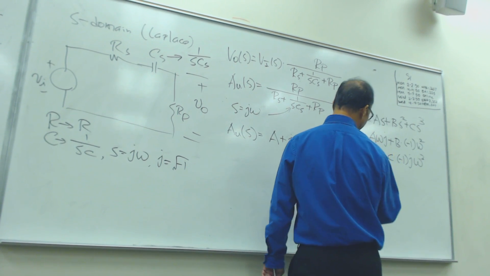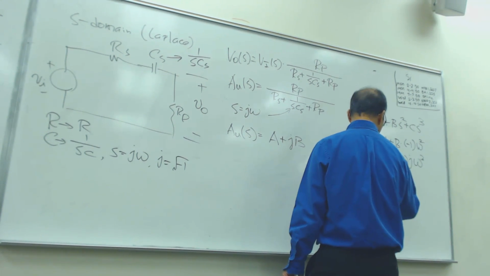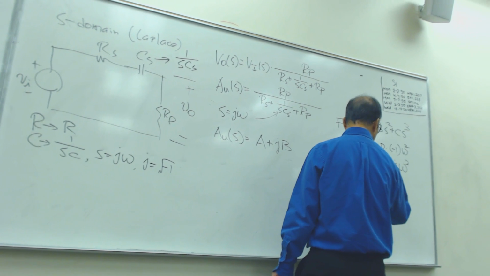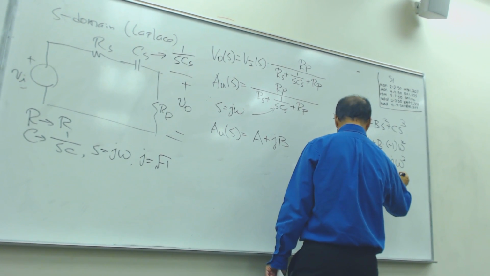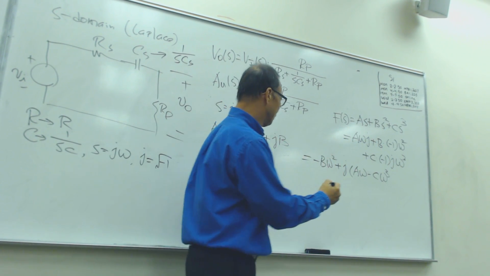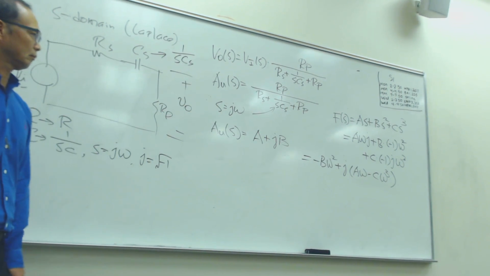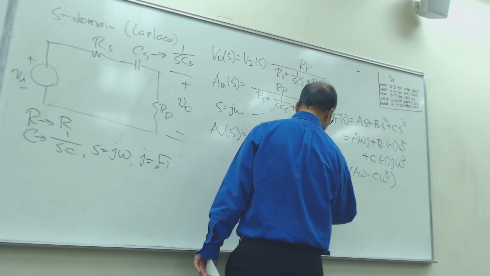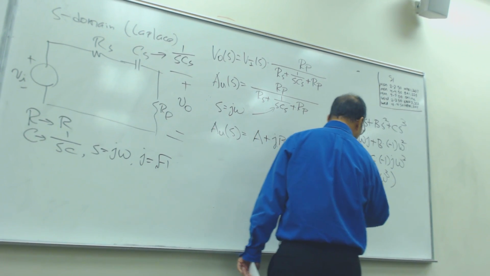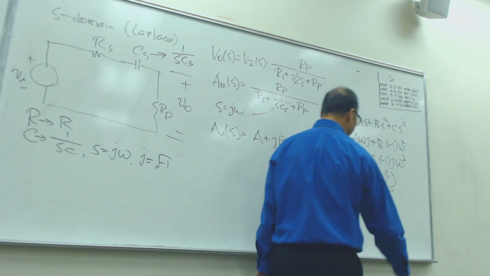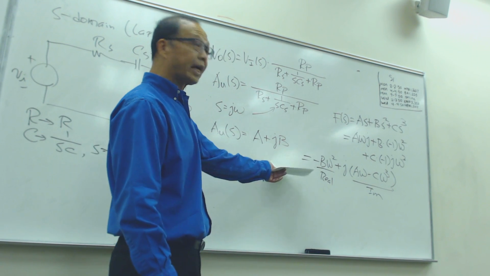Plus J times A omega minus C omega cubed, right? So this is the real. That is the imaginary. Yes?